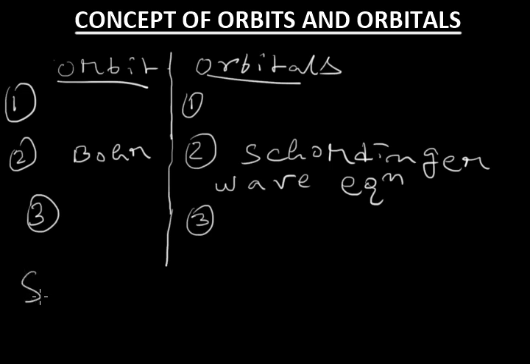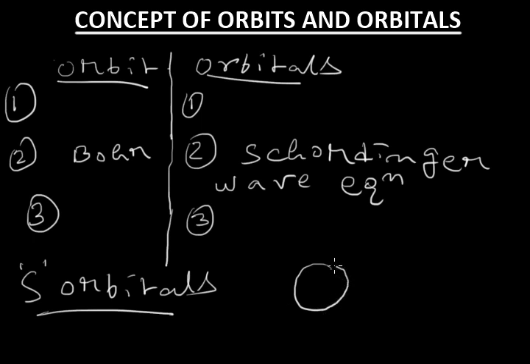First of all, s orbitals. S orbitals are spherical in nature. This is the shape of an s orbital, just like a sphere, like a cricket ball or football.